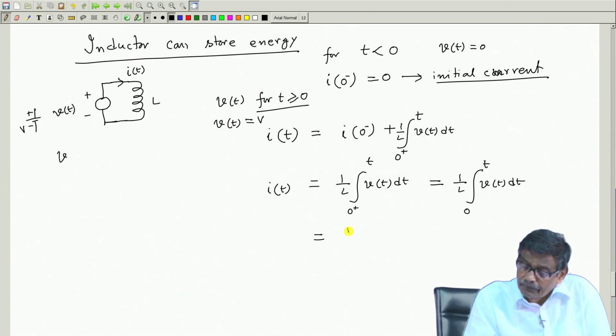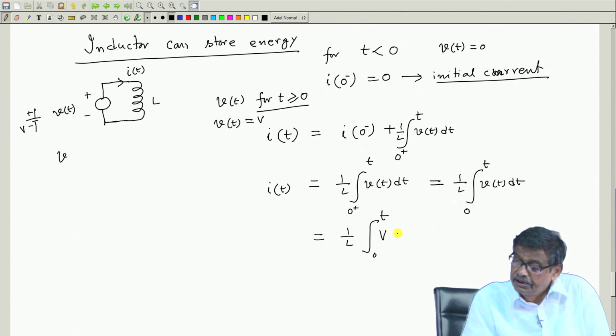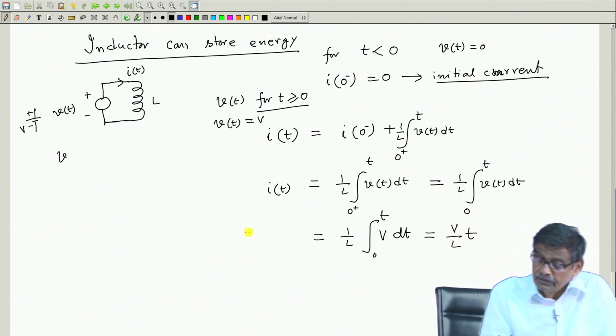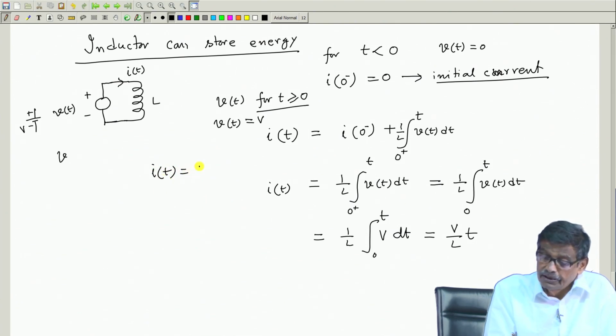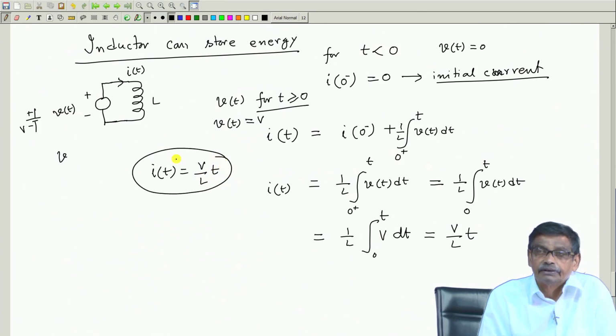Then what will happen? 1 by L times the integral from 0 to t of V dt, so this will be equal to V by L into t. So, the current through the inductor, if you apply a constant voltage, will be equal to V by L into t. This will be the solution.